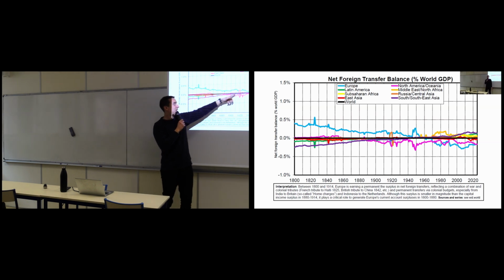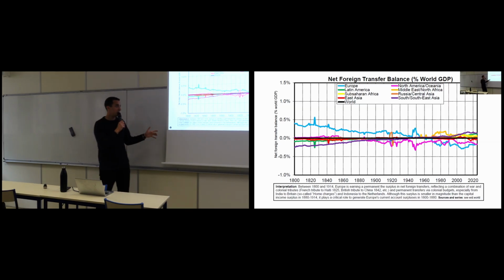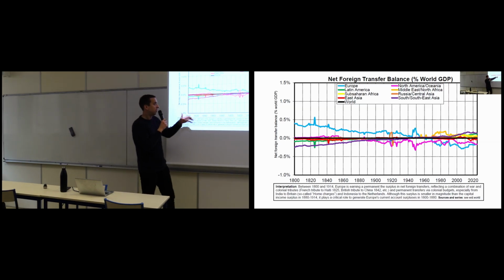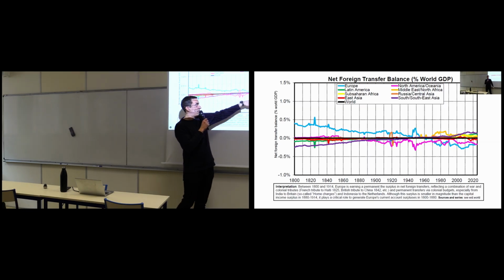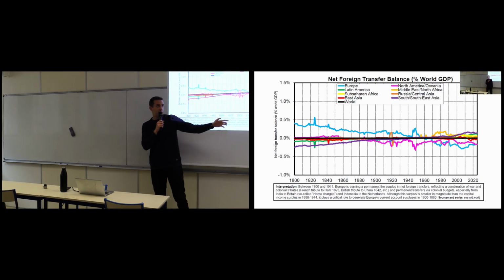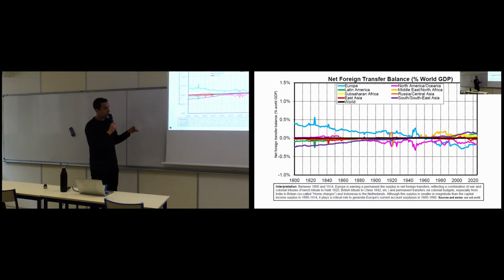When the Russian Revolution happens, the Russians say, okay, actually, foreign debt, I'm not going to pay it, we don't acknowledge it. So it's a transfer from the holders of the foreign debt to the debtors. The Marshall Plan, when the US sends money to Europe to rebuild after the war, is a transfer from the US to Europe. So these specific episodes play a minor role.